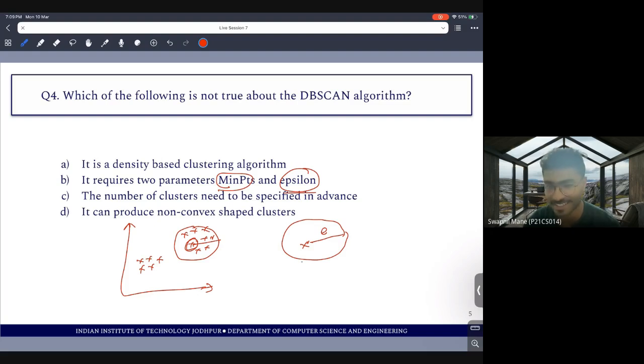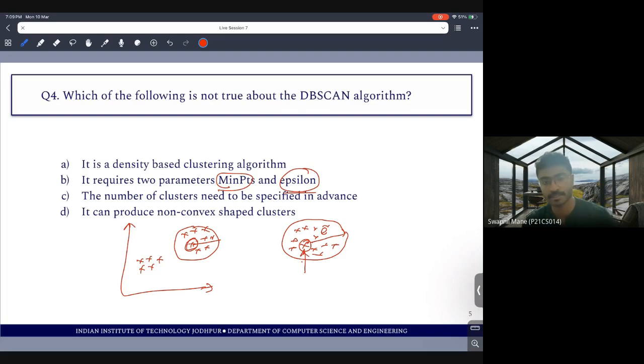It's not a perfect circle, but please try to understand. Then you see how many points fall into this particular circle. That number of points falling into the circle defines the density of this point.